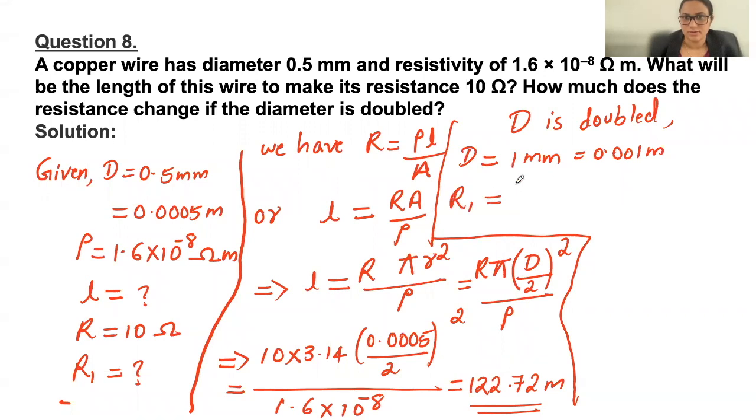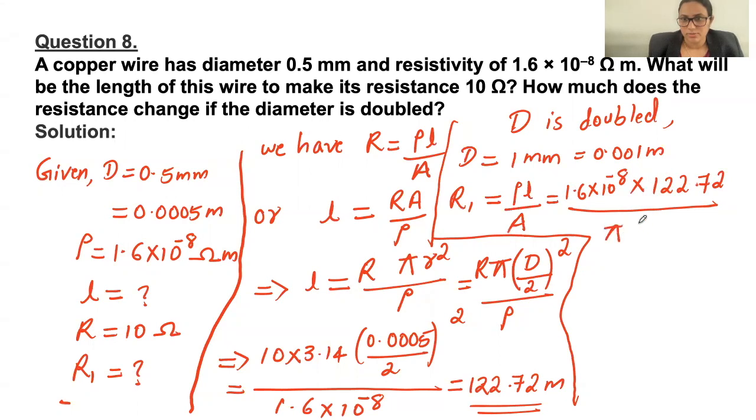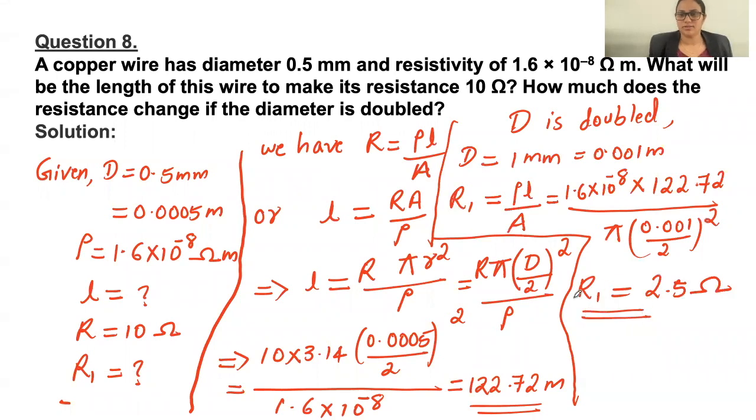Take it as R1, rho L divided by A, which is equal to 1.6 into 10 power of minus 8 times the value of length, 122.72, divided by pi times 0.001 divided by 2 whole square. If you calculate this, the R value will be 2.5 ohm.